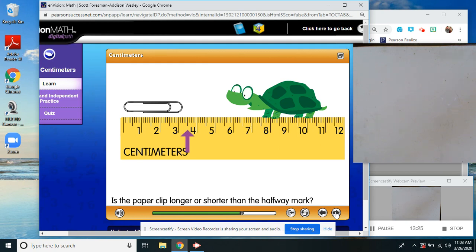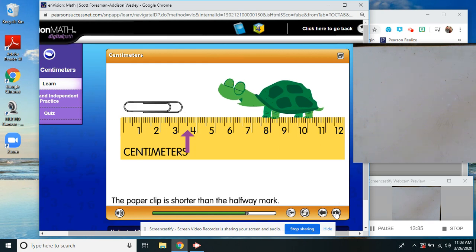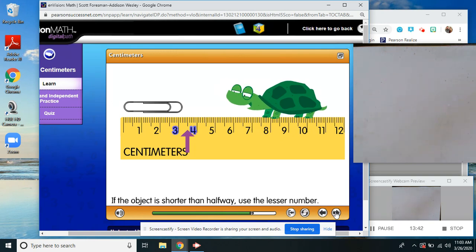Remember that halfway mark is where that purple arrow is pointing. So is it longer or shorter than that? The paperclip is shorter than the halfway mark. If the object is shorter than halfway, use the lesser number. The lesser number is 3. This paperclip is about 3 centimeters long.